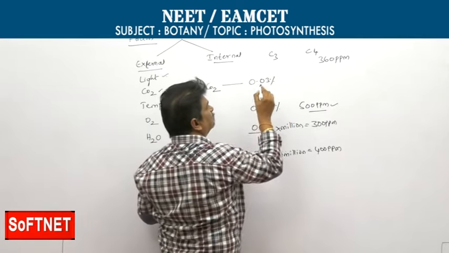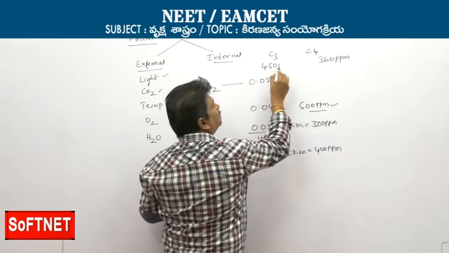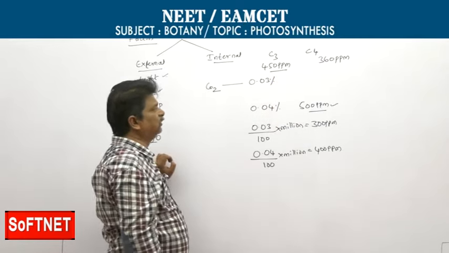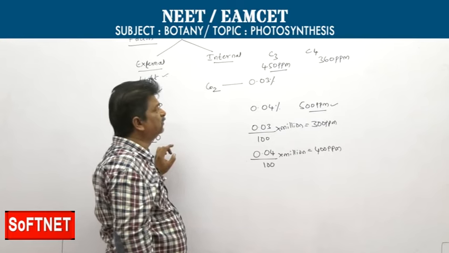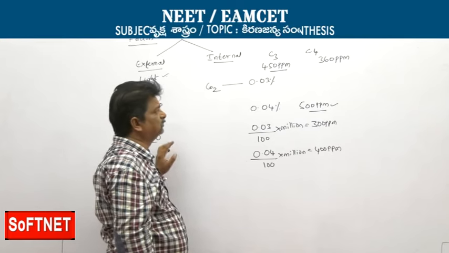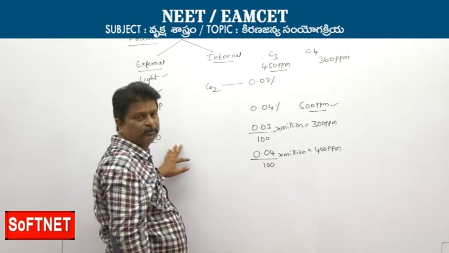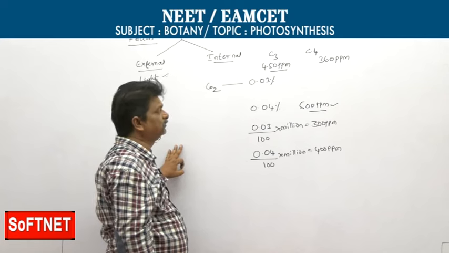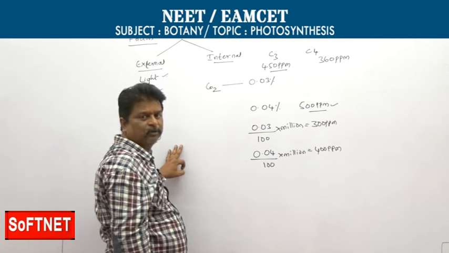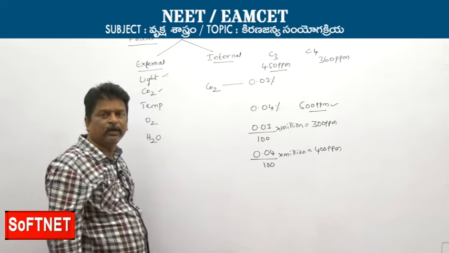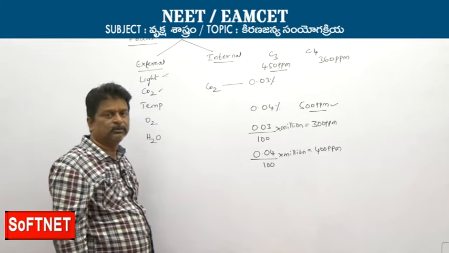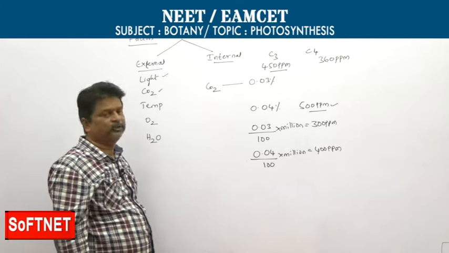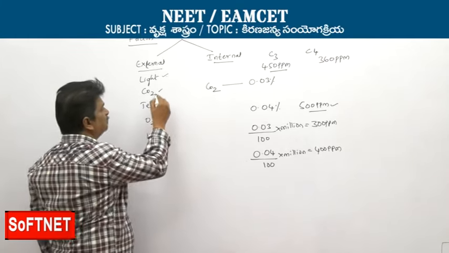C3 plants are saturated at 450 ppm. That is why some C3 plants like pepper and tomato are grown under high carbon dioxide concentration for more productivity. This is carbon dioxide.